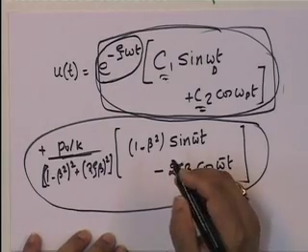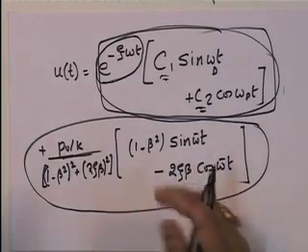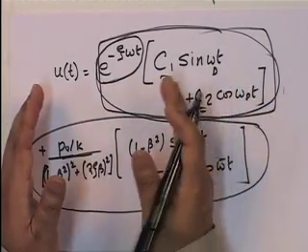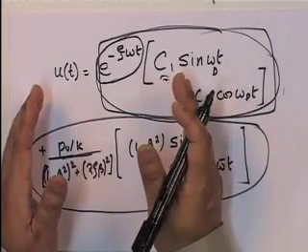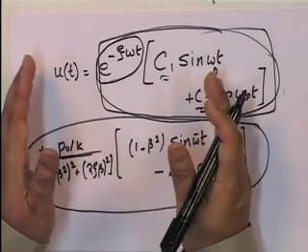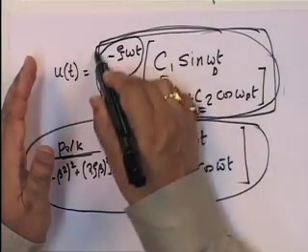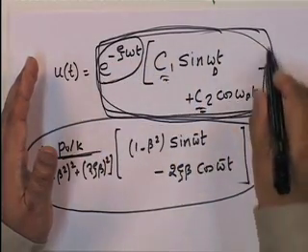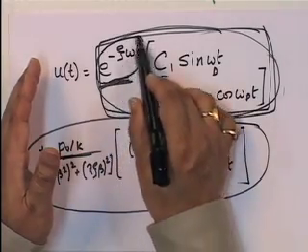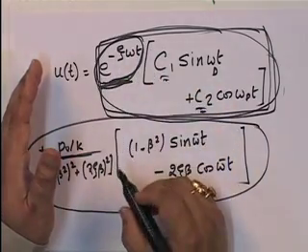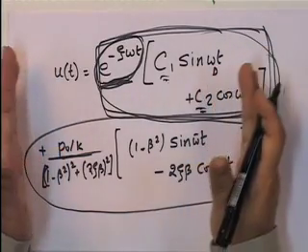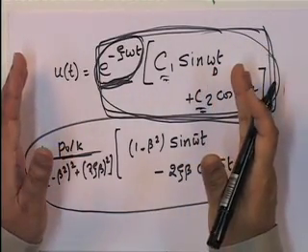So, let me put it this way: if we look at a sufficiently far away time from the initial condition, what is going to happen to this part? This part is going to diminish and go to 0 because of this term. And so, this term is going to disappear after a sufficiently long window.